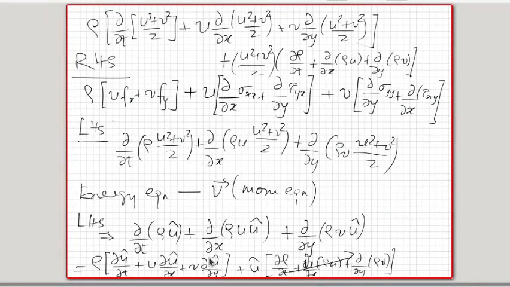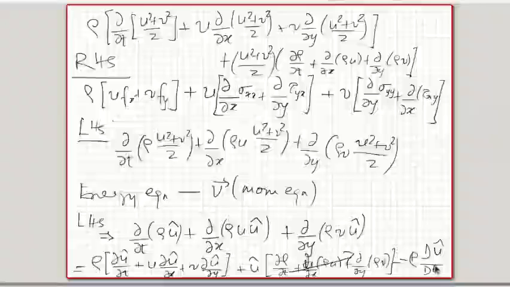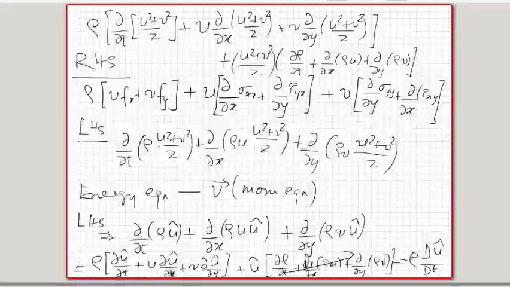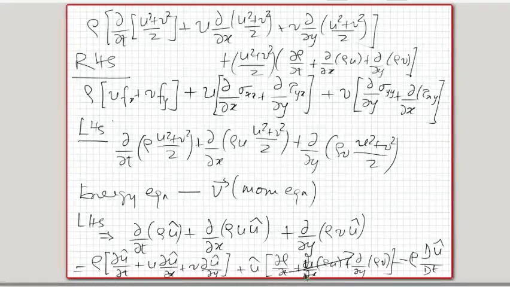So it will basically be this term, which can be called rho times dU by dt. So the left hand side is now simplified to just one term, where d by dt is nothing but del by del t plus u del by del x plus v del by del y. That is the basic definition. So the left hand side of the energy equation now becomes rho times d by dt of the internal energy.